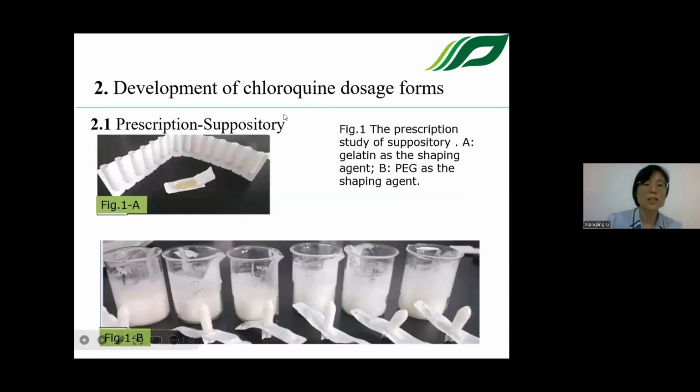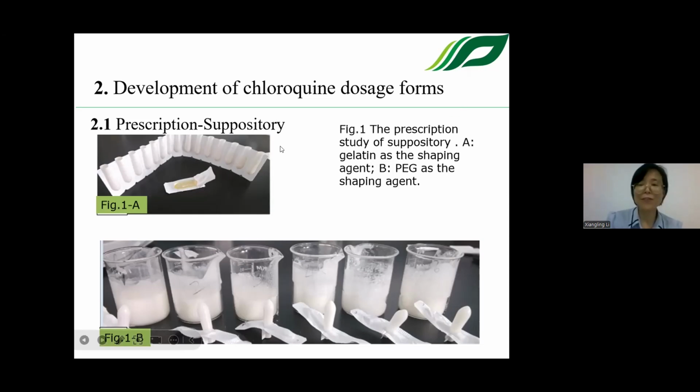So first, we tried to make chloroquine into a suppository. For the first formulation, we used gelatin as the shaping agent.